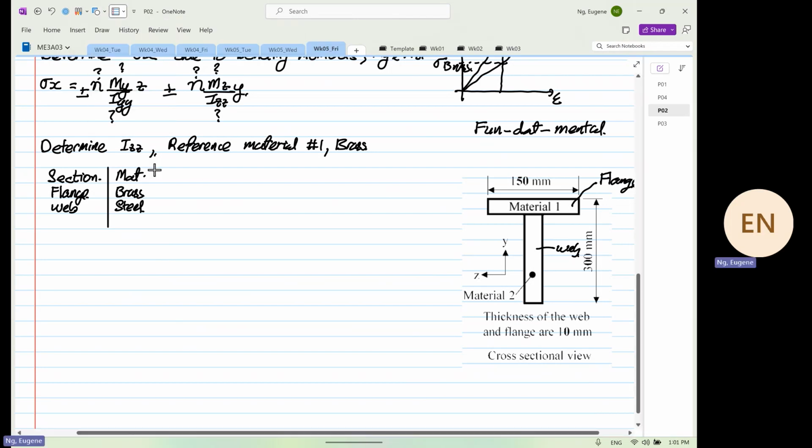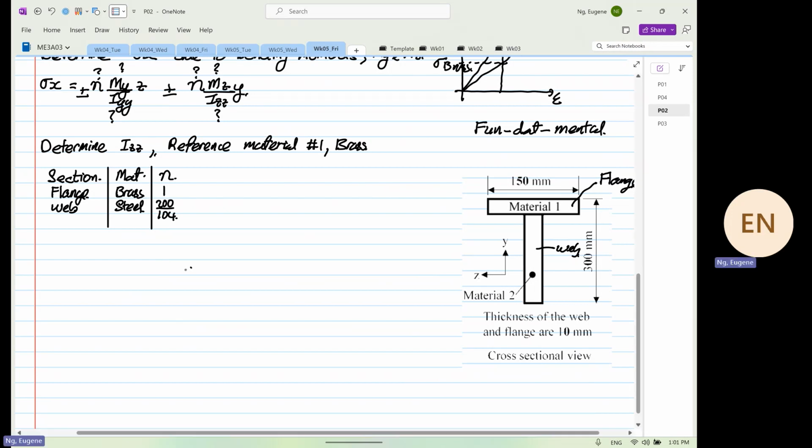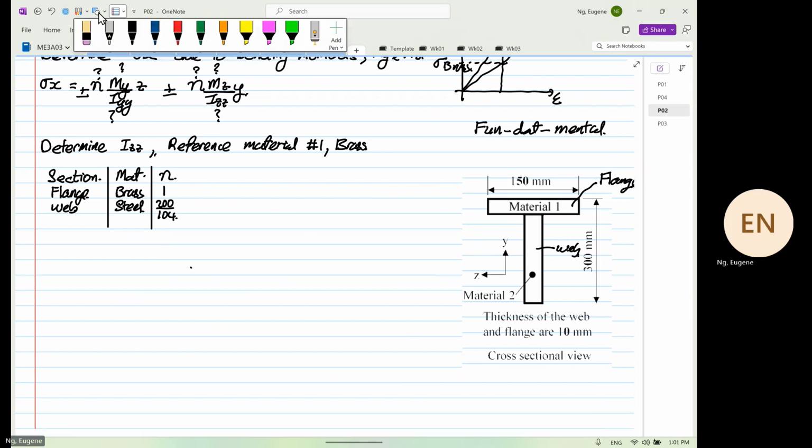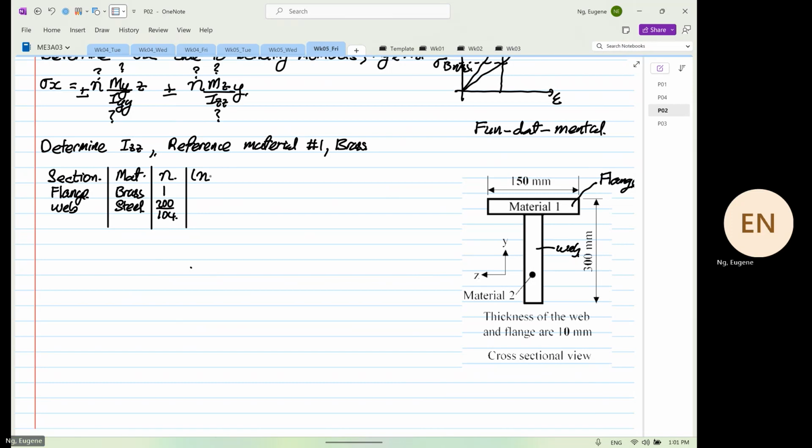And from here, we calculate our n value. For brass, n is equal to 1. For steel, this is equal to 200 over 104. And then the next thing we do, we put our n multiplied by width times depth to determine Izz.